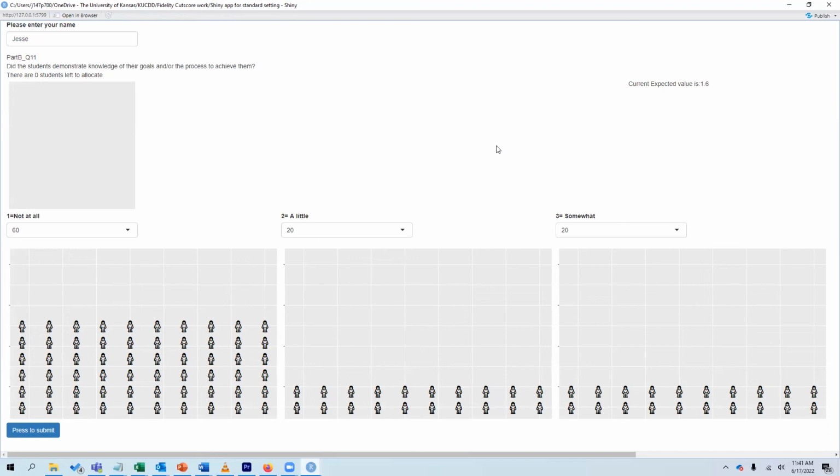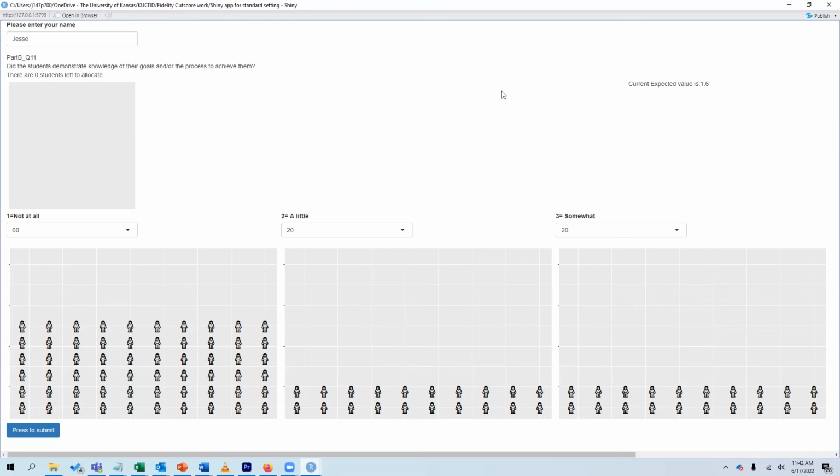Now, why this matters is that what we're trying to get after is the total score that we want to argue is the point where anyone above that is minimally proficient, and anyone below that isn't.